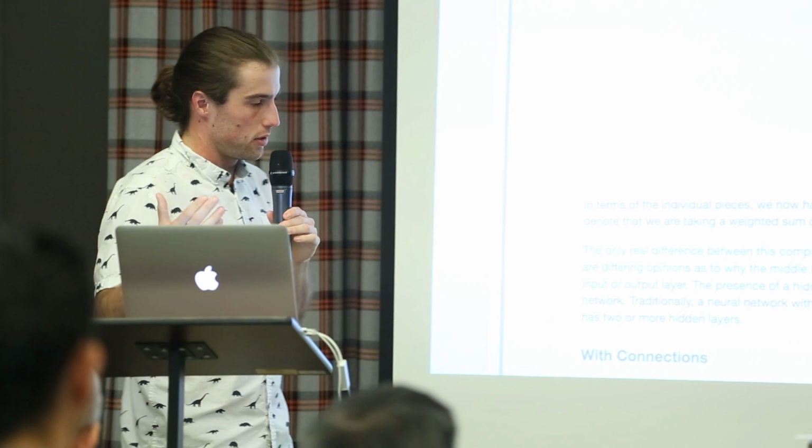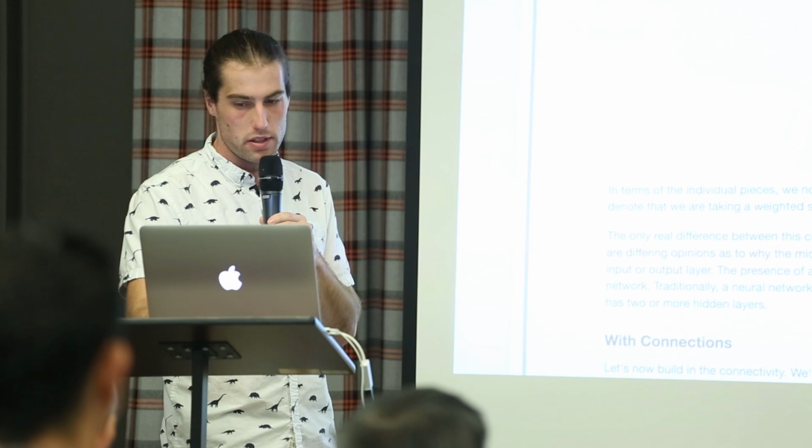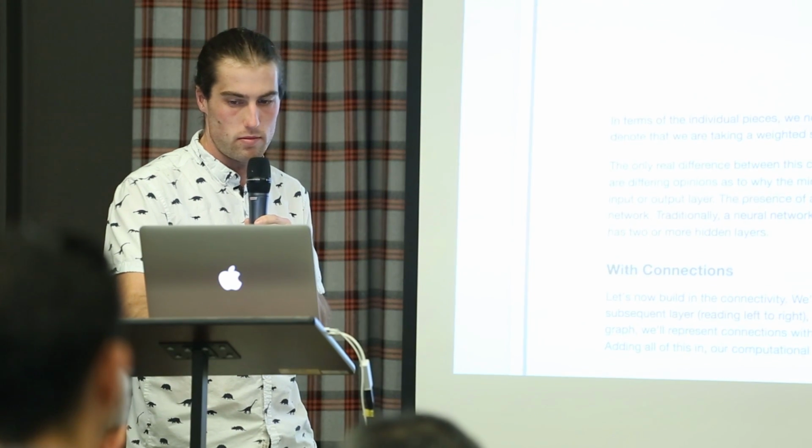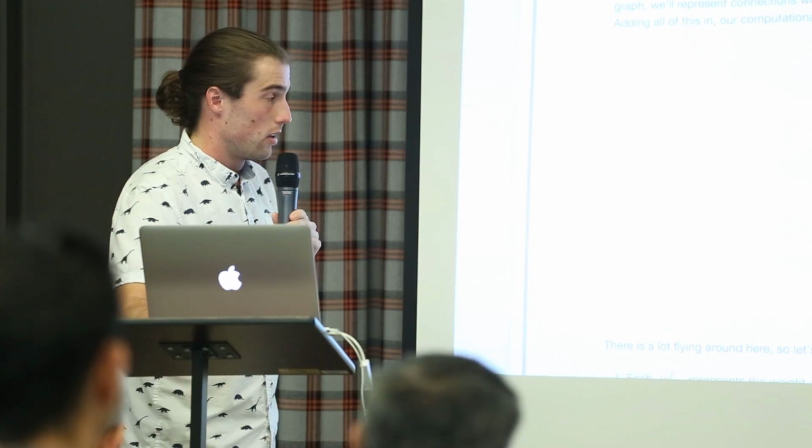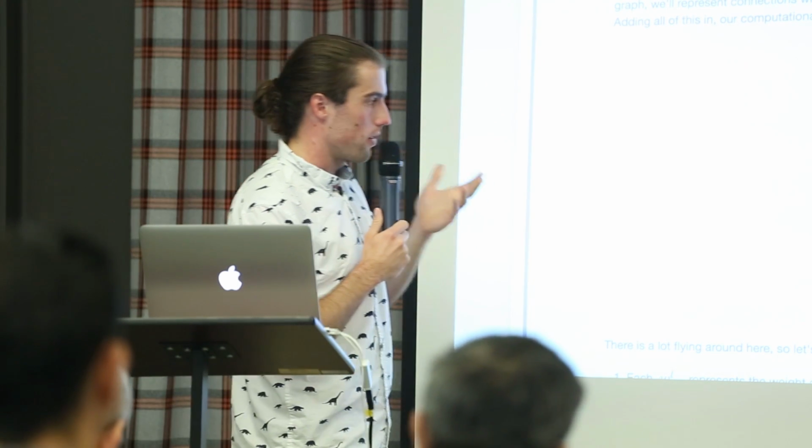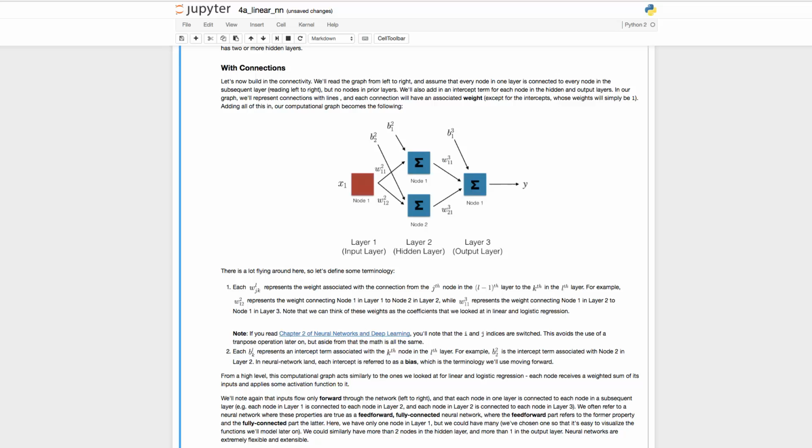So what we actually need to do before we do that, though, is build in some connectivity to it. Okay. And so if we build in the connections to it, our graph gets a little bit more cluttered, but this still isn't too bad. And this is going to denote what our graph looks like and how we're going to end up coding this up, right?